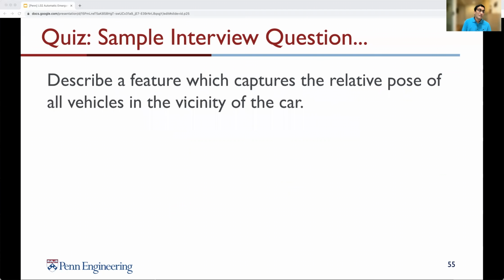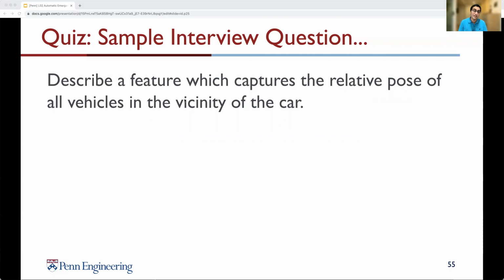So for example, when we start to look at inputs into any kind of learning system, a lot of interview questions focus on things like how would you build the system, right? So one sample interview question for you is: describe a feature which captures the relative pose of all vehicles in the vicinity of the car, right?